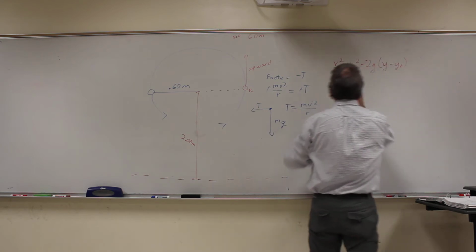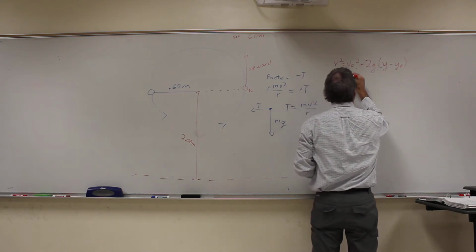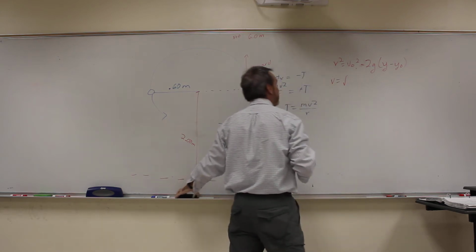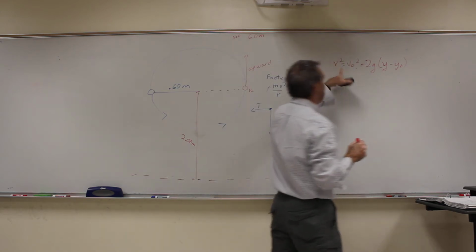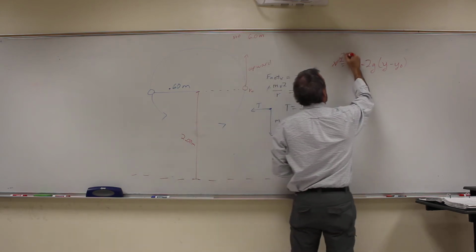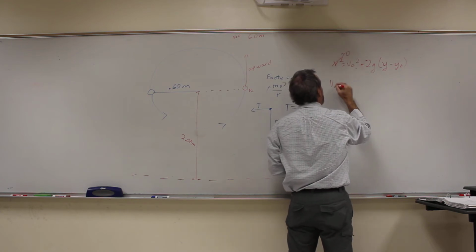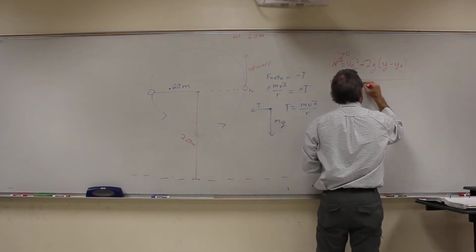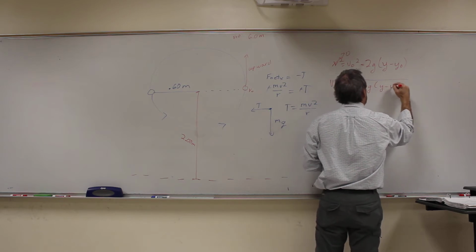So we're going to solve this for v naught. We know what v is, that's going to be 0. So v naught is equal to the square root of 2g(y minus y naught).